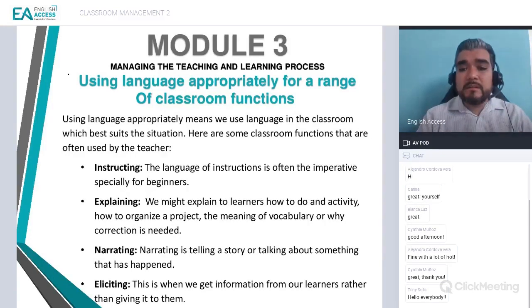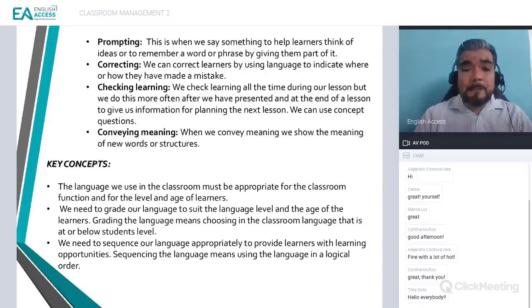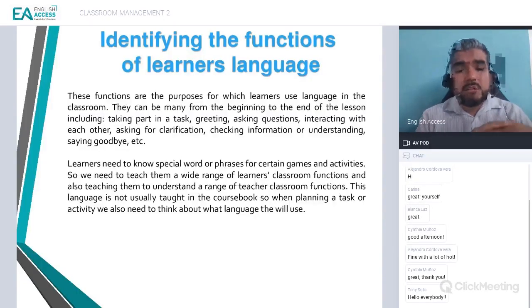We're talking about the different functions, which are the reasons for the teacher to use the language. We talk about the way we give instructions, explanations, narrating, eliciting. We talk about prompting. We talk about correcting, checking learning, and conveying meaning. Excellent. We also talk about the different language that the students use towards the teachers or the other classmates.